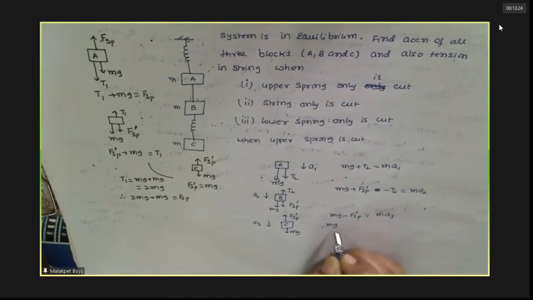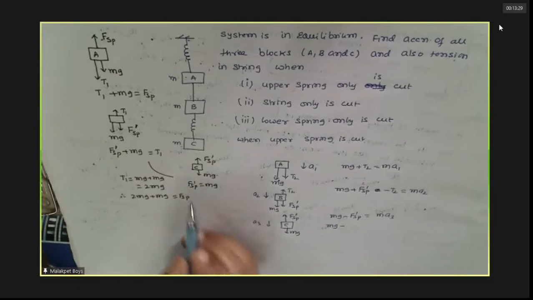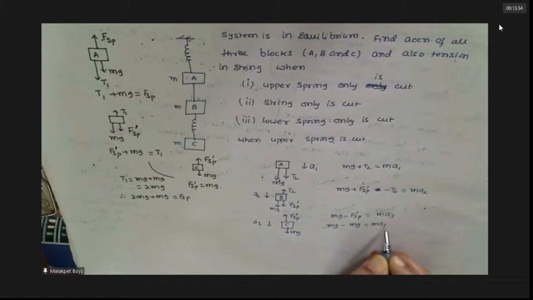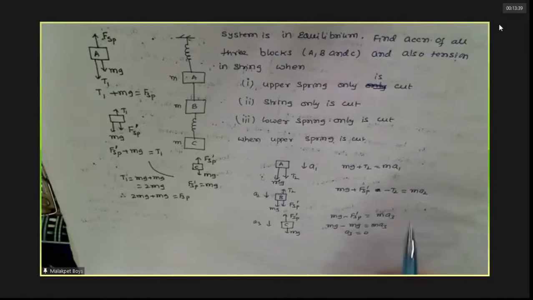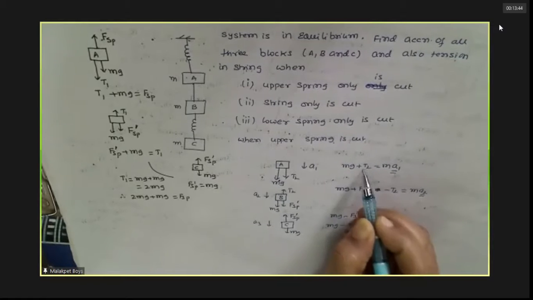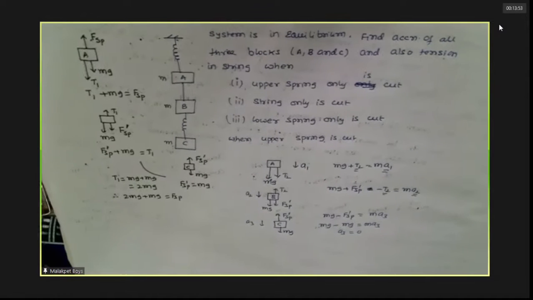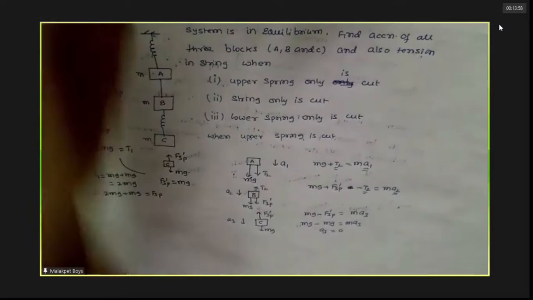This is mg minus SP dash, mg, no? So A3 is 0. Now if you observe carefully, from these two equations you have A1, A2 and tension. You cannot solve this, because only two equations are there. Followed what I'm saying? Yes, sir.